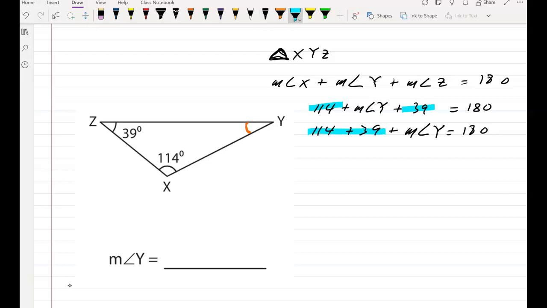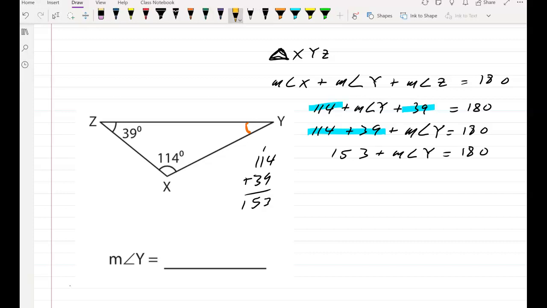How much is 114 plus 39? Well, let's see, 9 plus 4 is 13, carry the 1, that's 5, and that's 1. So that's 153. 153 plus the measure of angle Y equals 180.